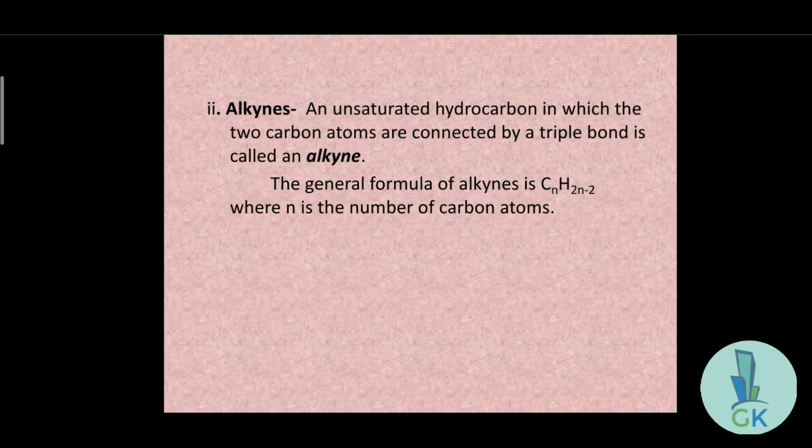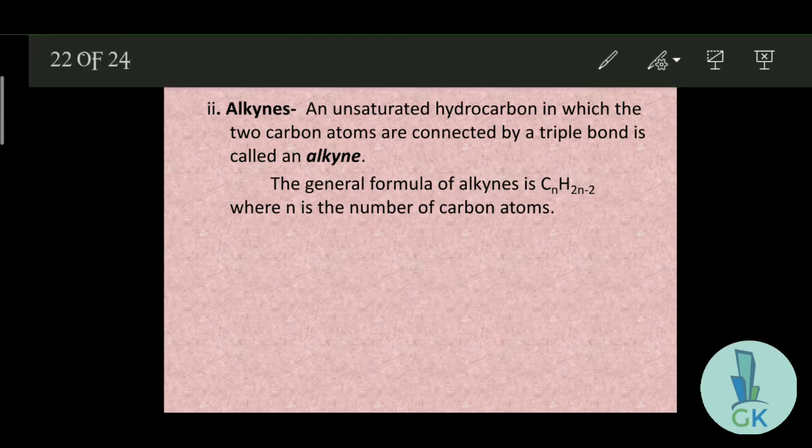In the case of alkenes, we saw that the simplest alkene is formed by two carbon atoms, because a double bond is there. Similarly, in the case of alkynes, the simplest alkyne will have two carbon atoms. So if we have the formula CnH2n minus 2, first of all we will have two carbon atoms, that is n equals 2.